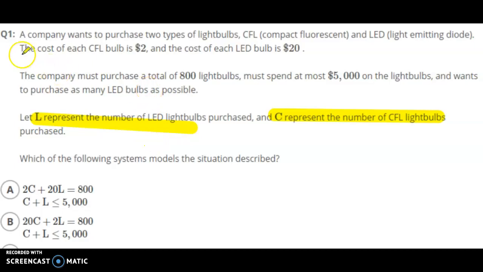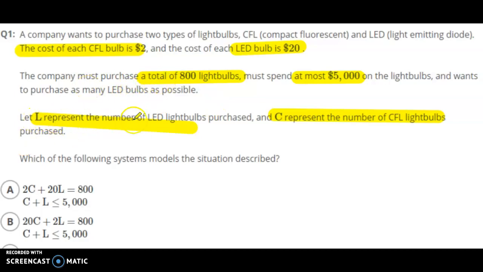So I'm just going to go through and highlight all the important math information. CFL is 2, and LED is 20. They need to purchase a total of 800 bulbs and spend at most $5,000. So, a total of 800 bulbs.